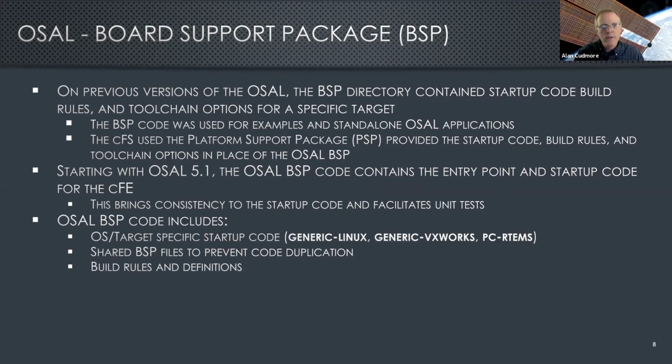So the CFS didn't use this code at all, but instead it used the platform support package provided startup code, build rules, and toolchain options. And this caused some level of confusion and of course code duplication. It was sort of confusing. Is my code starting up in the CFS PSP, or is it starting up in the OSAL BSP?